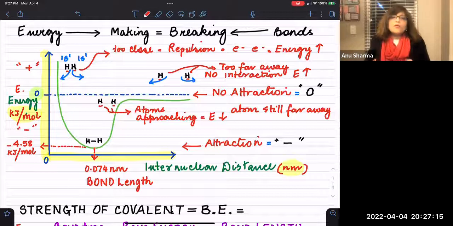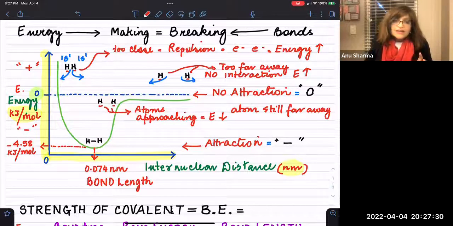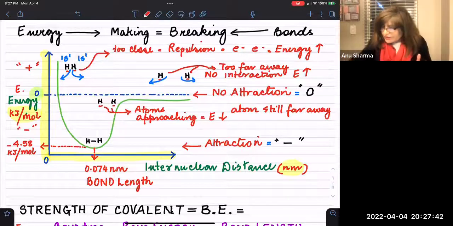Now they have given away a substantial amount of energy, and some is given to the surroundings, but some remains within the molecule, because you have to maintain that bond length, that optimal distance, that attraction between the nucleus and the electrons. So where is that energy? Energy is needed to maintain that structure, that single bond between H and H, and that energy gets stored.